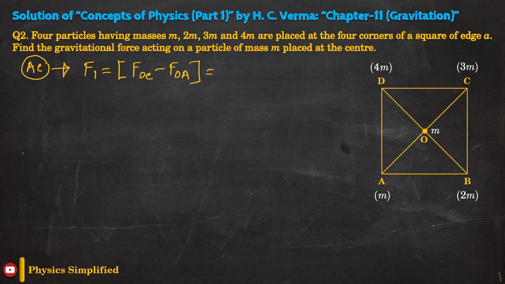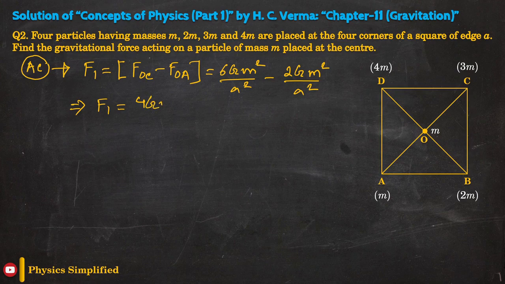Now if we substitute the value, FOC was 6Gm² divided by a², minus FOA, which was 2Gm² divided by a². So simplifying, we get F1 is equal to 4Gm² divided by a².